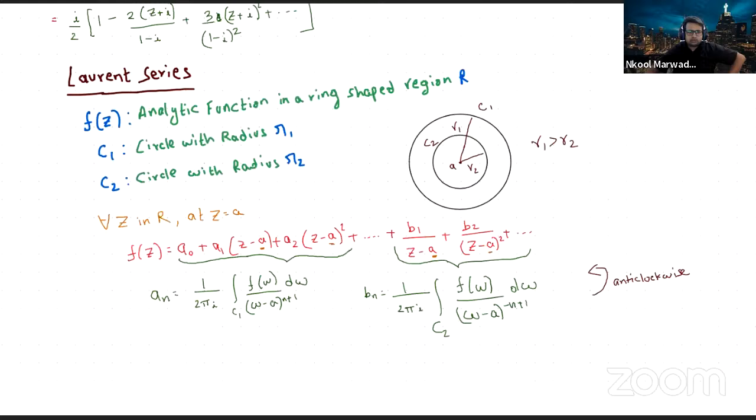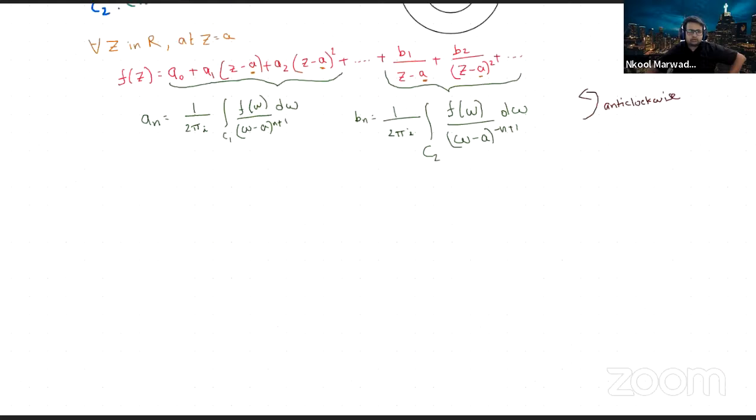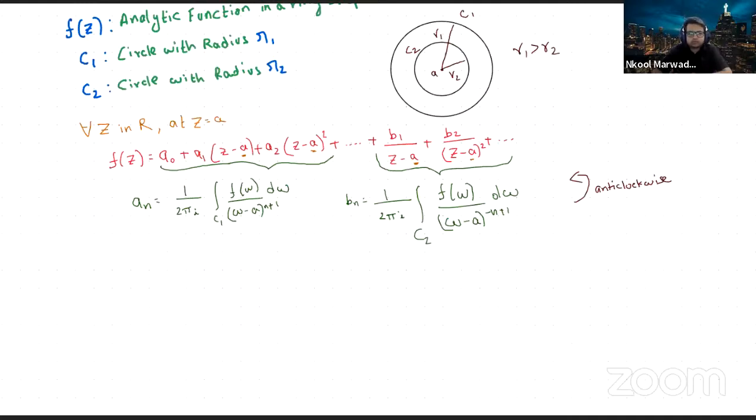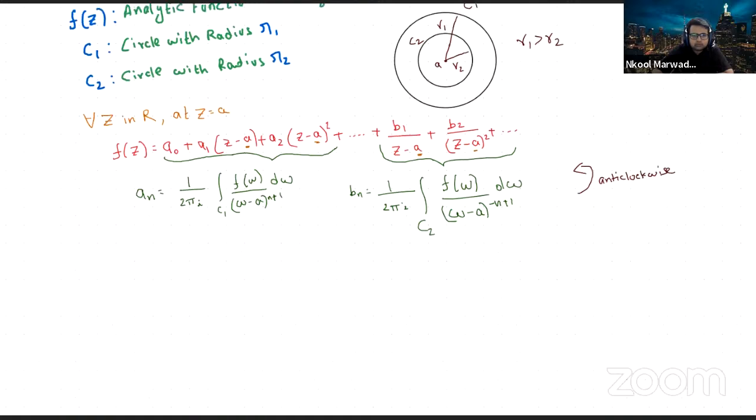Some questions. The first question. f of z is equal to 1 upon z minus 2, like 1 minus z and z minus 2.